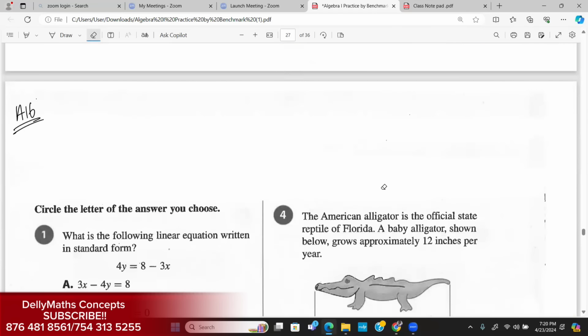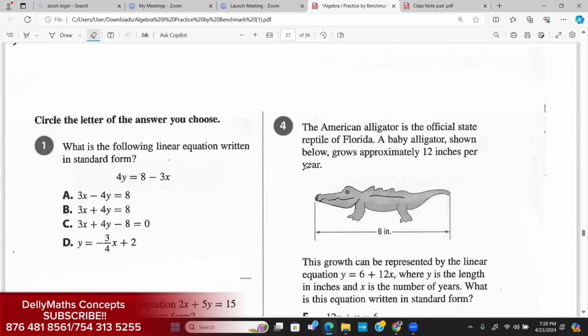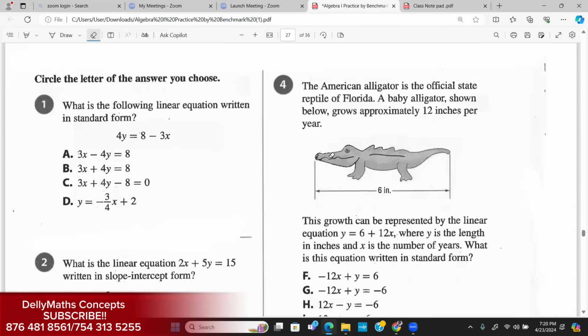All right. Looking at number 16 here. Now it says, what is the following linear equation written in standard form? So if I have this and I want to write it in standard form, remember in standard form, we're going to write it like this. It's going to be ax plus by equals c.